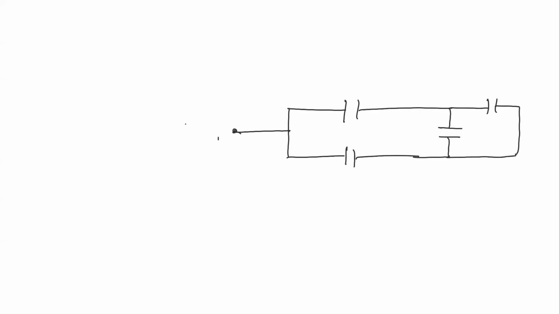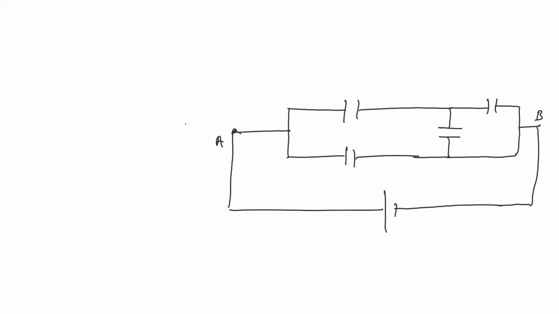Let's take this as point A, point B, and the total potential applied across A and B is 100 volts. Let's take this as 1 microfarad, this is 2 microfarad, this is 3 microfarad, and this is 4 microfarad. So these are the 4 capacitors: 1 microfarad, 2, 3, 4.